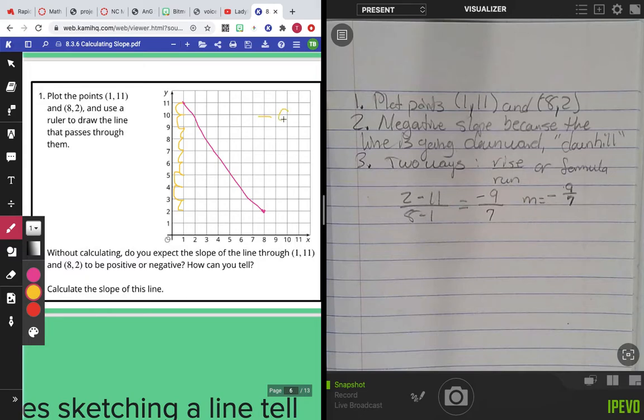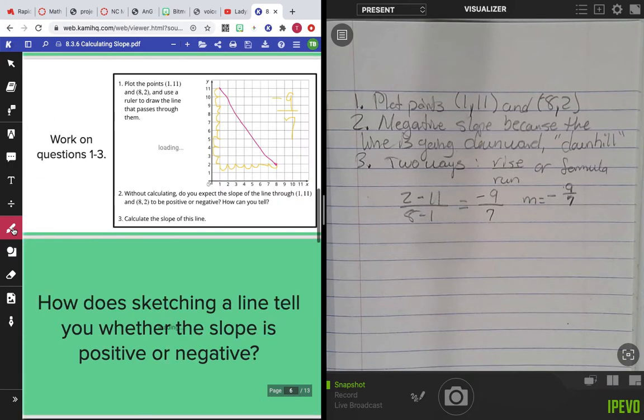So my rise was negative 9. And now my run, 1, 2, 3, 4, 5, 6, 7. So whether I did it on my graph or used a formula, I should have gotten the same slope, which is negative 9/7.